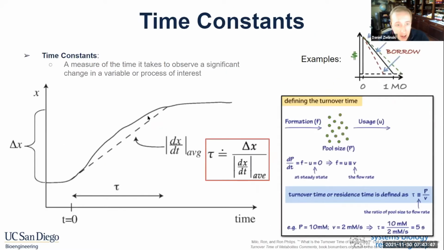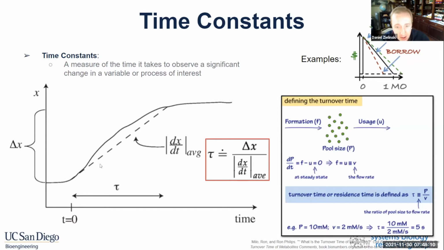So first, time constants. Time constants are just a measure of the time it takes to get what we call a significant change. If you observe some kind of dynamic process, oftentimes we learn this in the context of decay, so we learn half-lives. That's an example of a time constant, but for any kind of dynamic process you can define a time constant.